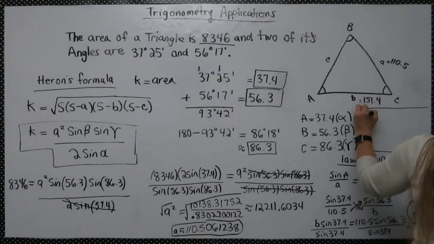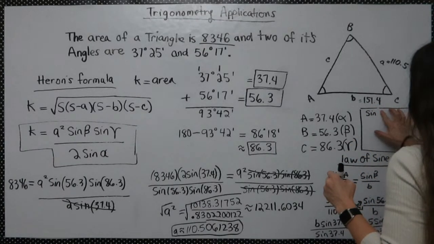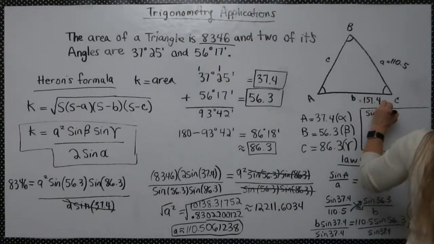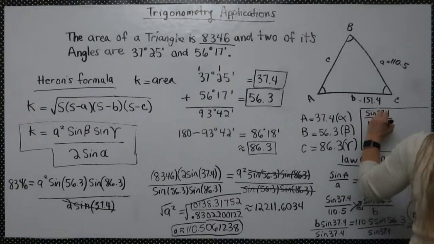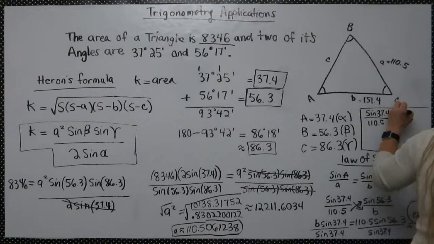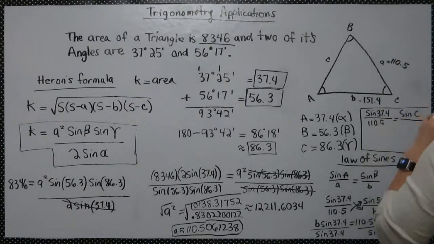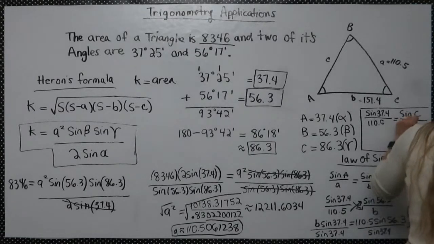So we've got sine of A. So I'm just going to say sine of what A is actually, because let's save room, is 37.4. And that's over side length A. And that's going to equal sine of C over side length of C, little c.